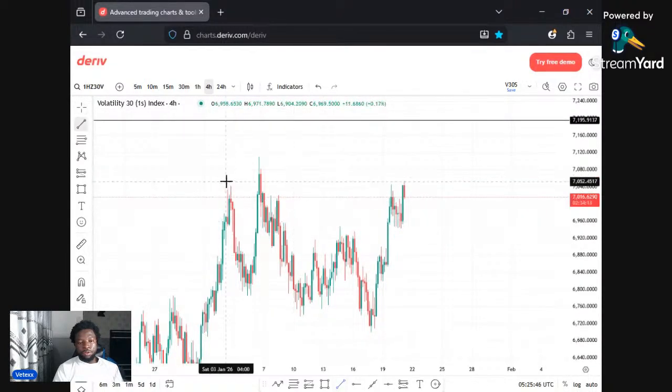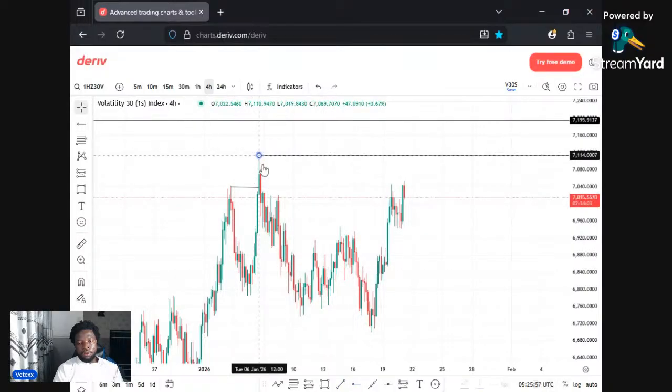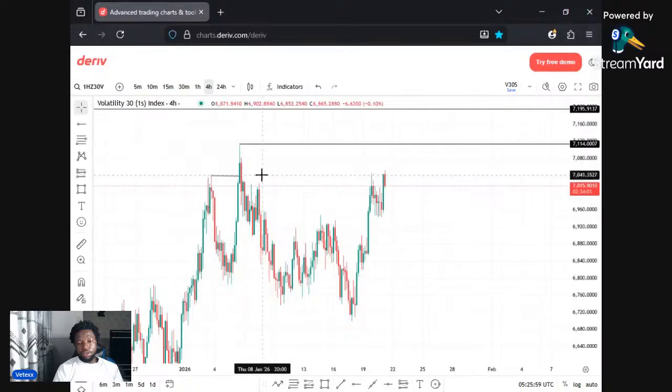First of all, sweep of liquidity, which is this. Price gives us our first protected high, which is this. Retrace back, take out the newly created low to give us our first break of structure, which is this.